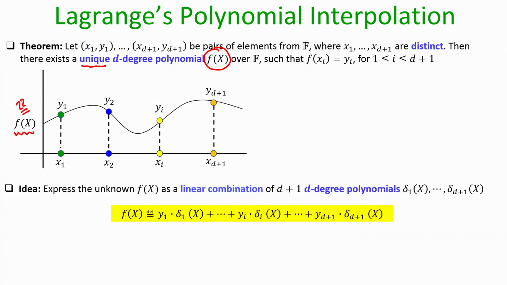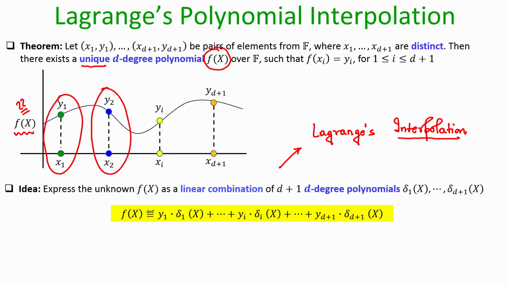The easiest method is what we call Lagrange interpolation, attributed to Lagrange, who invented this method. And why is it called interpolation? Because you are basically interpolating the points x 1 y 1, x 2 y 2 and getting the unknown curve f of x.